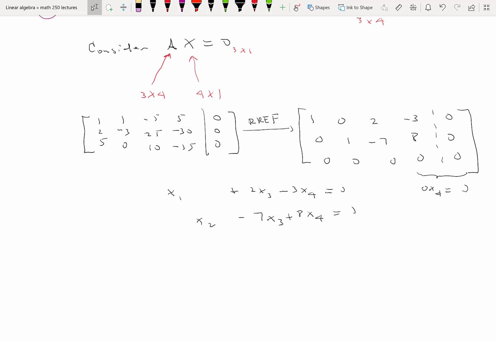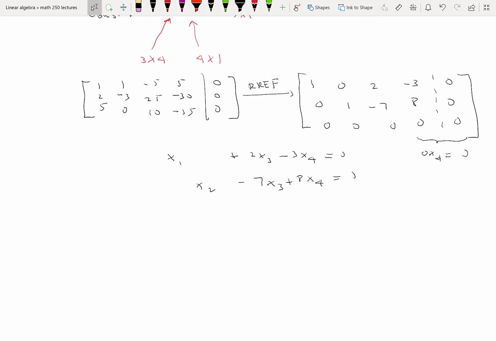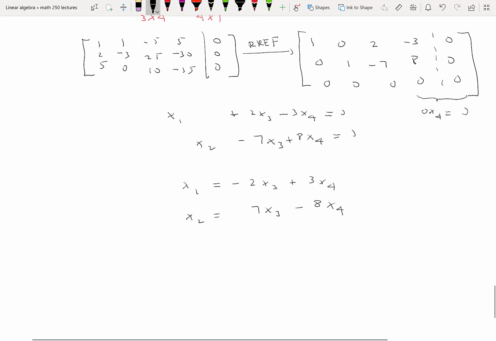Well, the coefficients of the leading ones give us the dependent variables, and then the free variables have to be x3 and x4. So let's solve. This tells us that x1 should equal negative 2x3 plus 3x4, and x2 should equal 7x3 minus 8x4, where x3 and x4 are free variables, so they're real numbers.